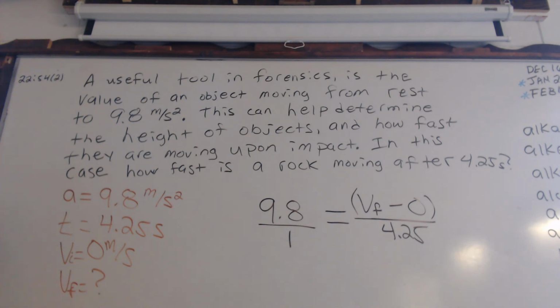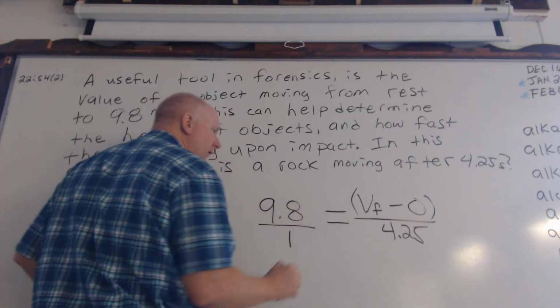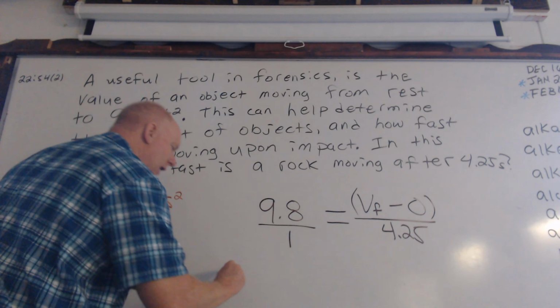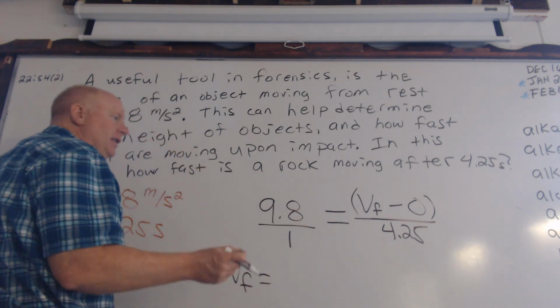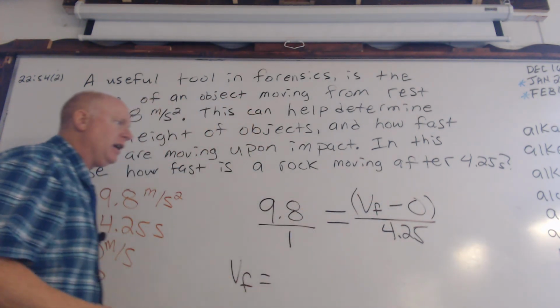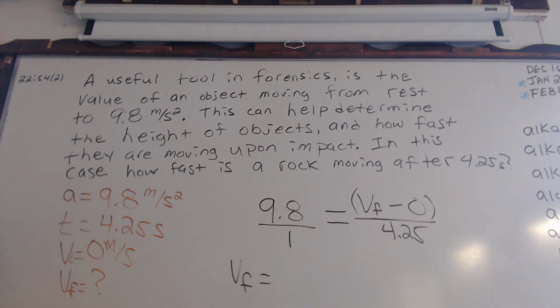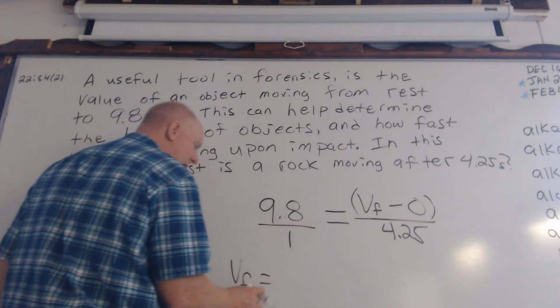We can cross multiply here. So, what would 1 times VF be? 1 VF. Okay, or just VF. We already said that anytime you take 0 away from a variable or a number, you just get the same answer. So we've accounted for that. So 1 times VF minus 0 just gives you VF.